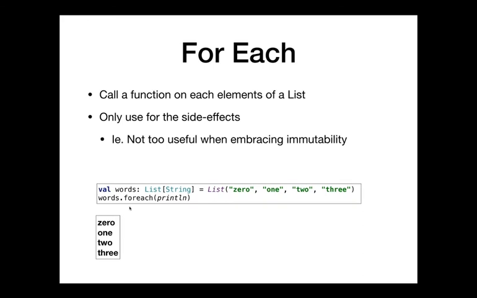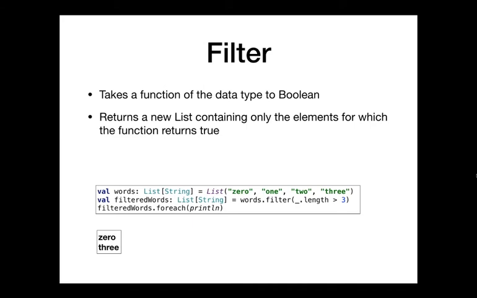But we can get used to this syntax. We have a method that takes a function, and that function is going to be applied to all the elements of our data structure. That's going to be the theme of all these methods. Filter is going to take a function that takes the type of the elements of the data structure as its parameter and returns a Boolean.